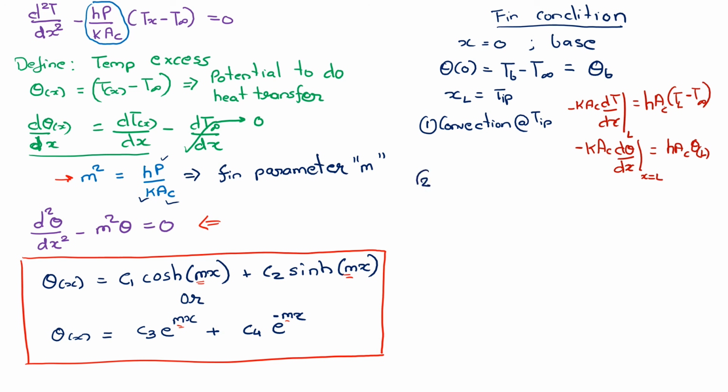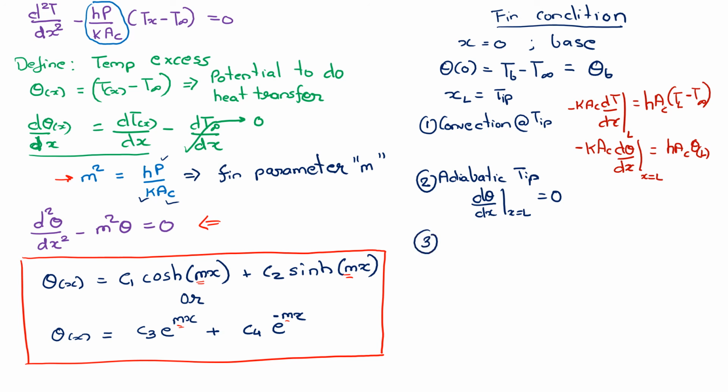The second type of boundary condition can be that your tip can be adiabatic. So what does that mean? This simply means that there is no heat transfer rate at x is equal to L. So your d theta by dx will be 0.